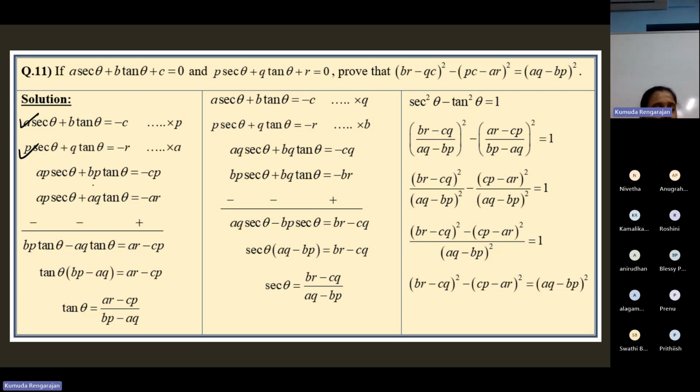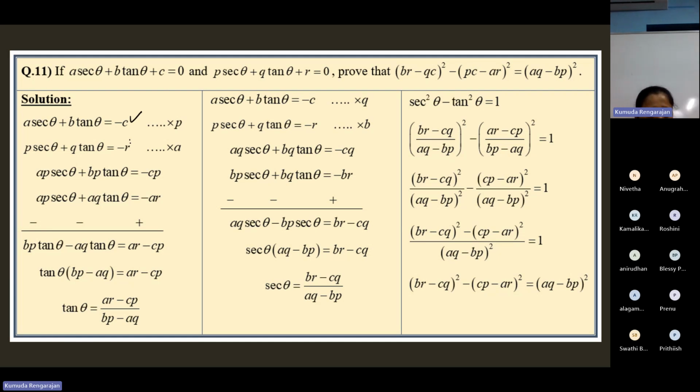AP secant theta, this is also AP secant theta. You cannot cancel, right? So you'll have to change the signs. So I've changed the signs throughout. So this gets cancelled. So BP tan theta minus AQ tan theta is equal to plus AR minus CP.